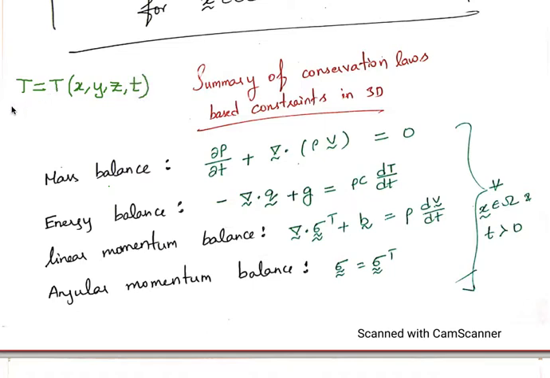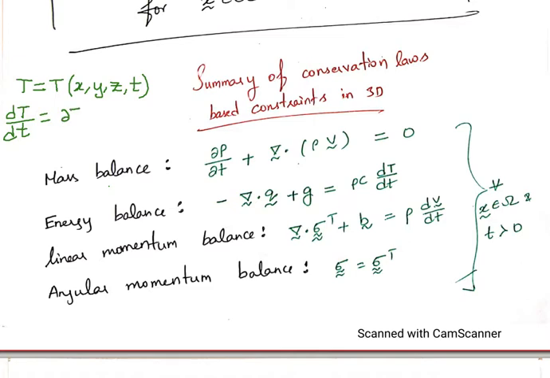Now we are looking at the total time derivative. In order to get the total time derivative, I have to do a partial derivative with respect to each one of these variables. So I am going to use the chain rule.